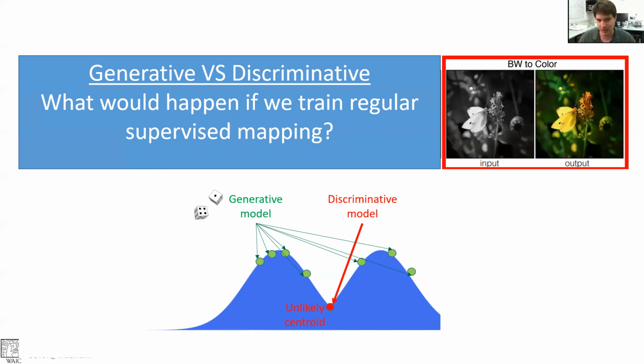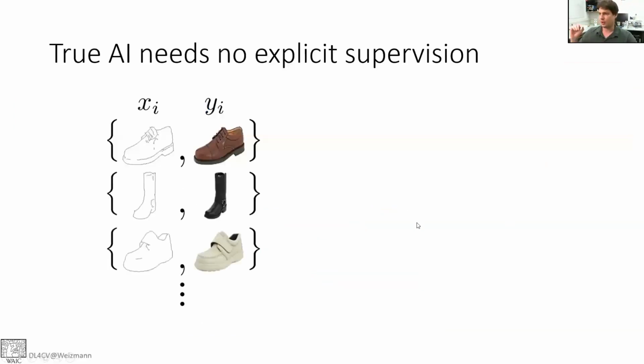So maybe we should think about many things that we used to do with discriminative models. We should actually try to do them with generative models. Okay, so this is an important observation. The general thing about generative models is not just this cool stuff of creating images with GANs, it's a total approach.